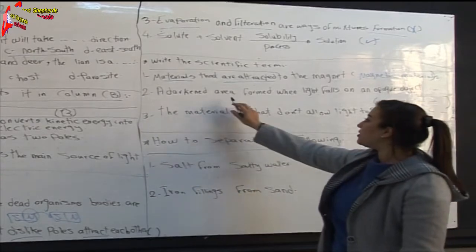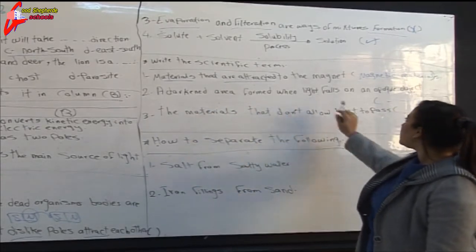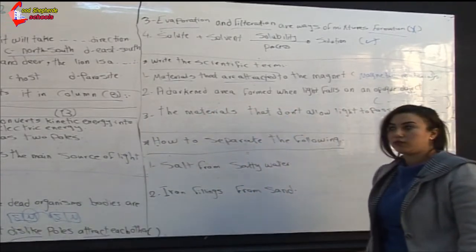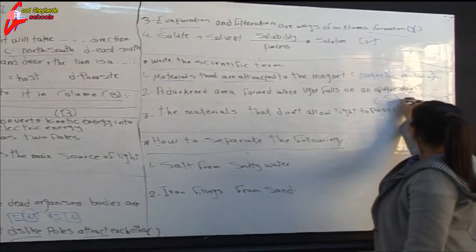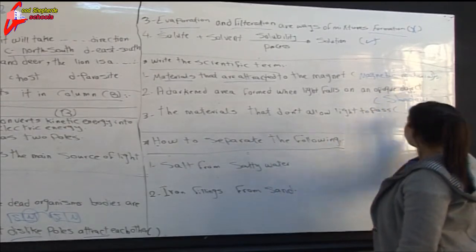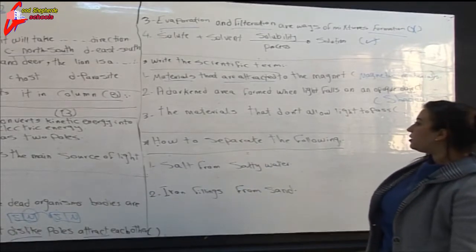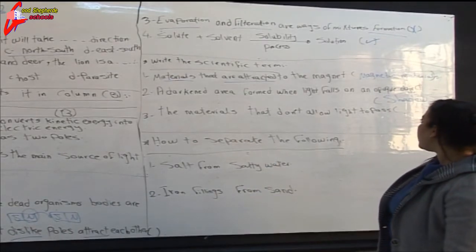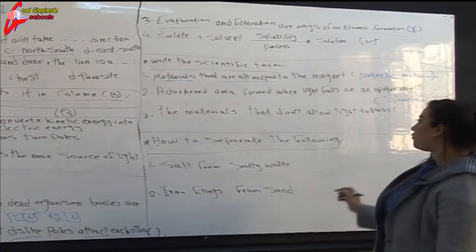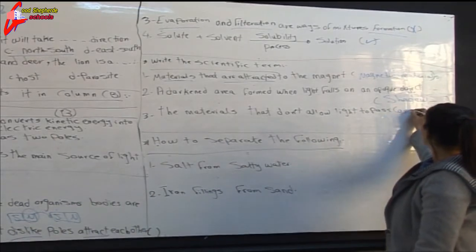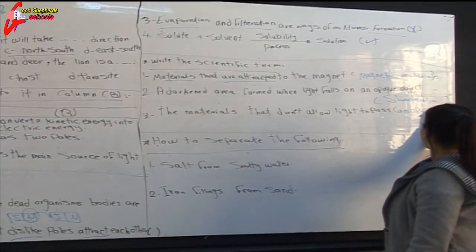Number 2, a darkened area formed when light falls on an opaque object: shadow. Number 3, the materials that don't allow light to pass: opaque materials.